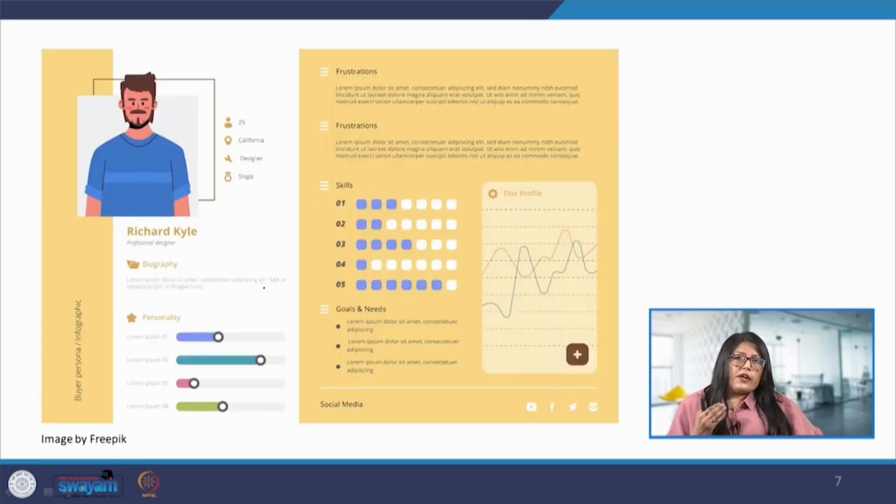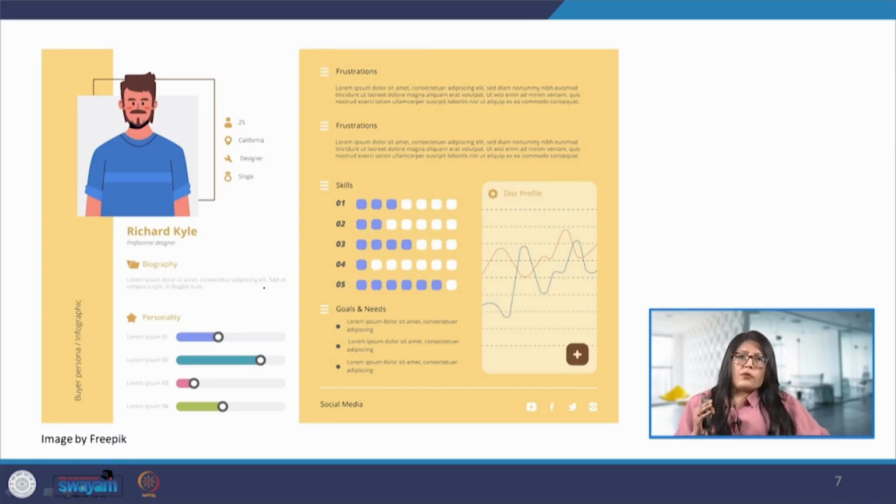So, the advantage of personas is their ability to provide a user centered perspective in the design and development process. So, key advantages are that we can generate user empathy, user focus, decision making, decision consistency and also problem identification.